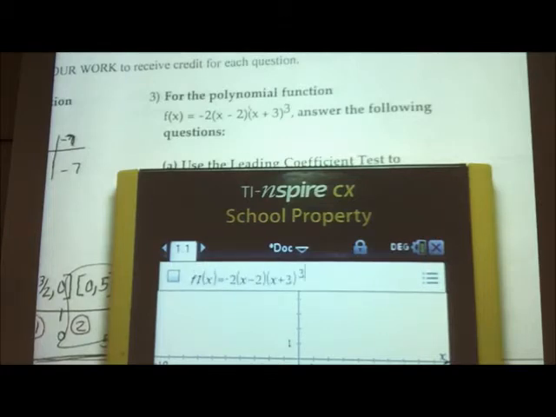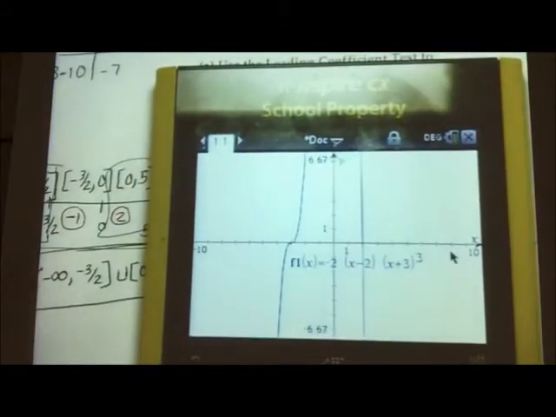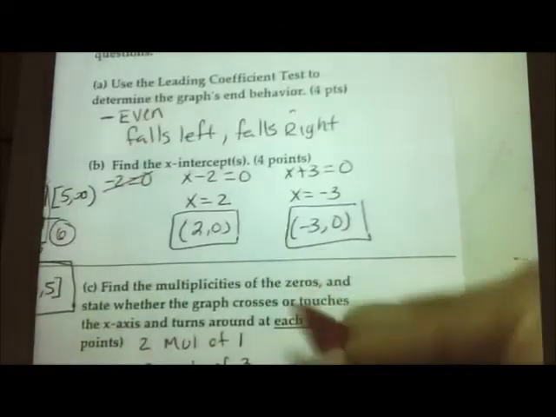Does that look correct? So I graph it. Are they crossing or touching? If the line goes through it, it crosses. Does it go through at 2? Yes. How about at -3? Yes. So we're going to put crosses.